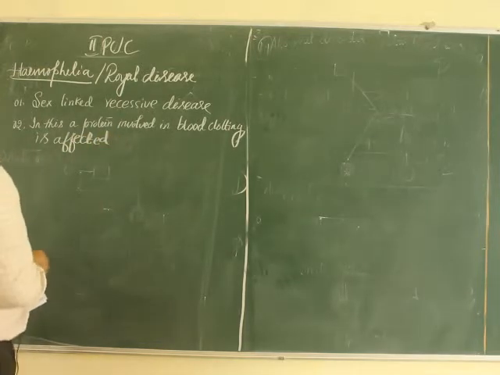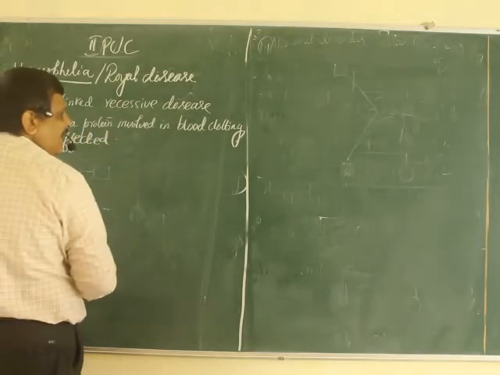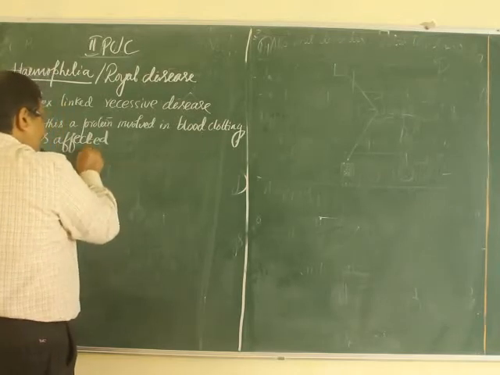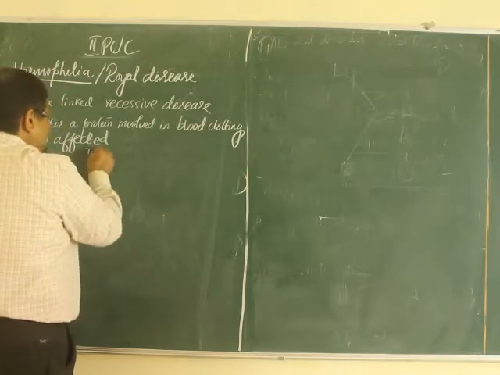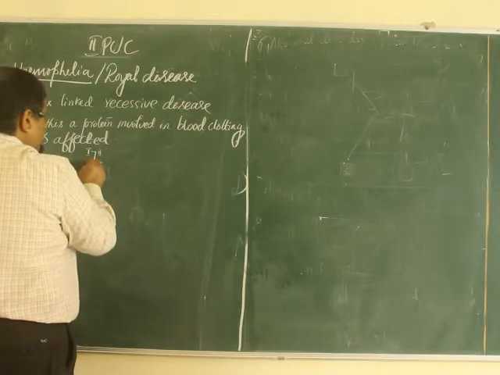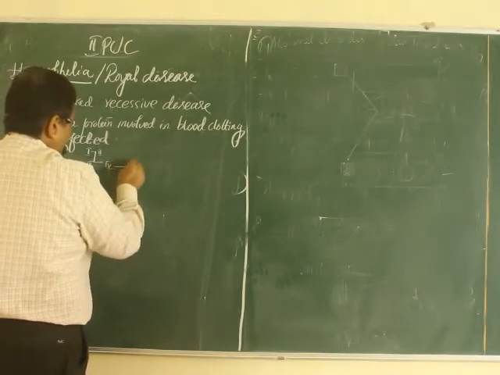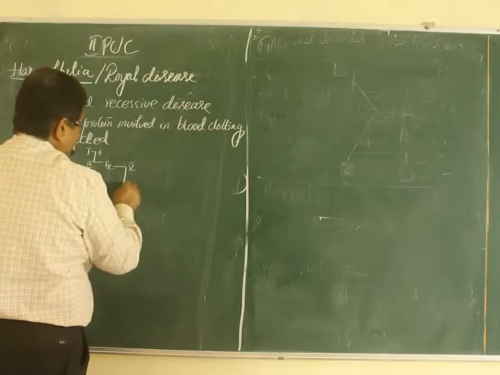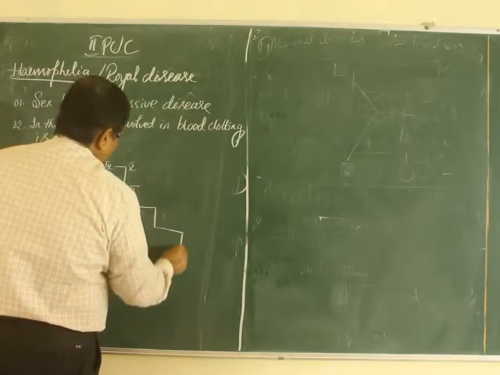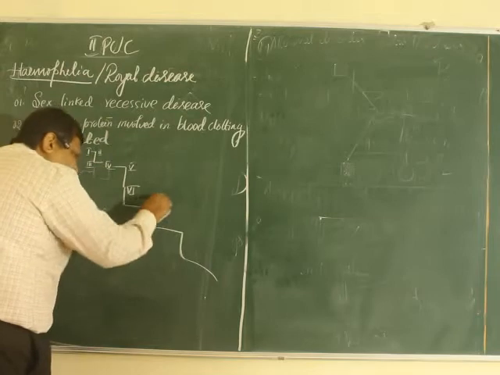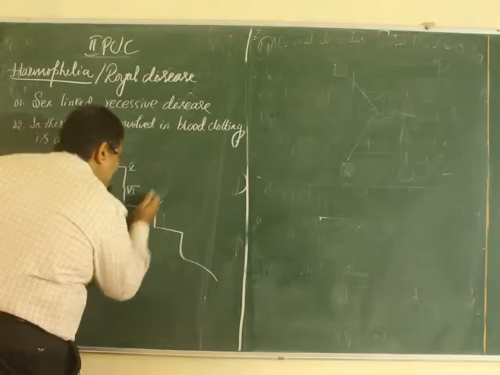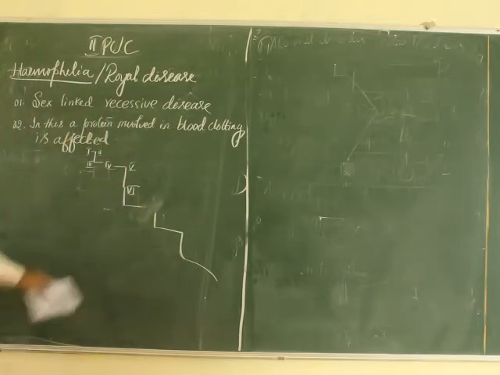There are 14 factors required for blood clotting, from first, second, third, fourth, fifth, sixth, and so on. If even one factor is absent, imagine the chain is cut and the blood will not clot.